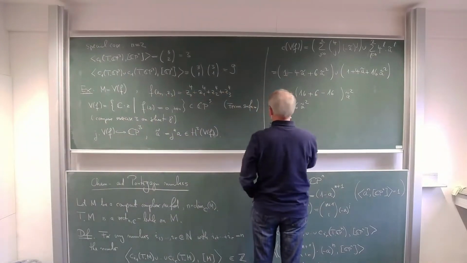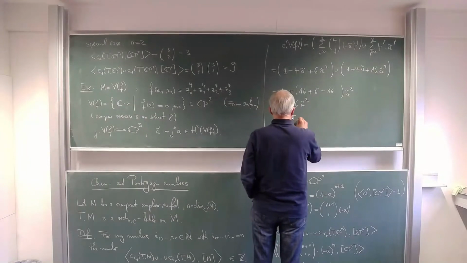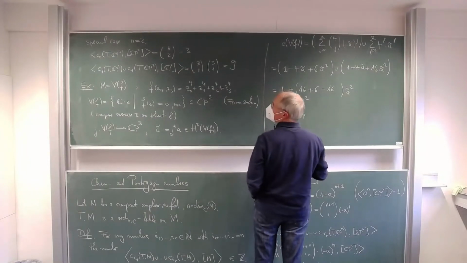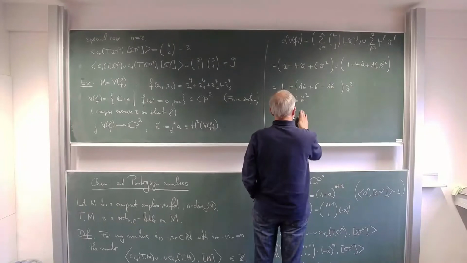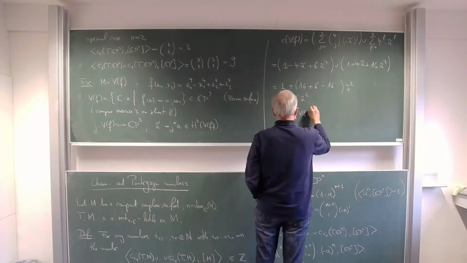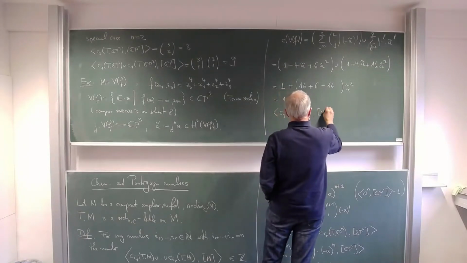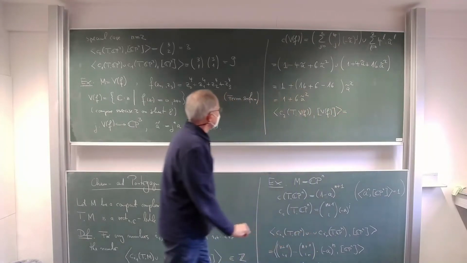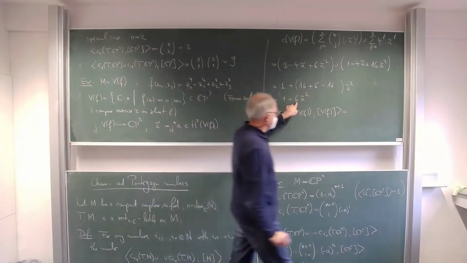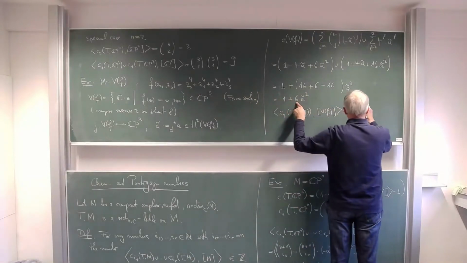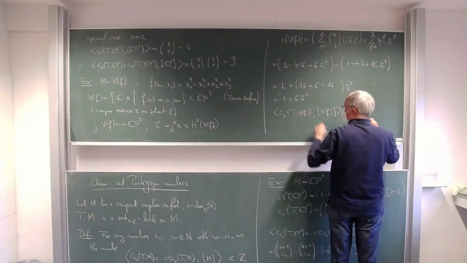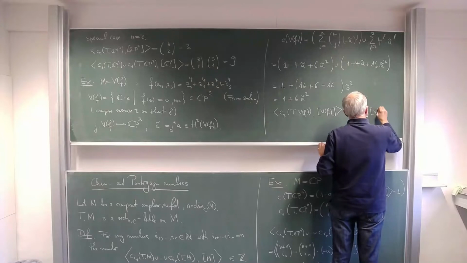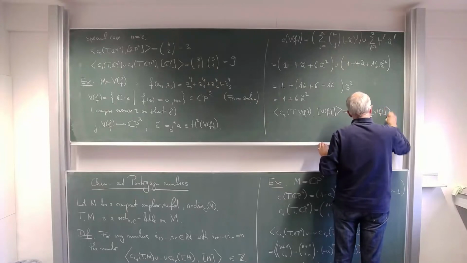Okay, let's see. C2 of T, not CP, sorry. F integrated over F. So what do we get? Alright, so that is 6 times a twiddle integrated over the fundamental cycle over the manifold.